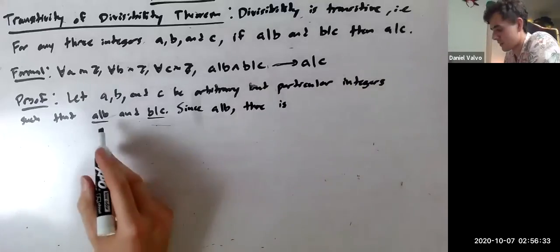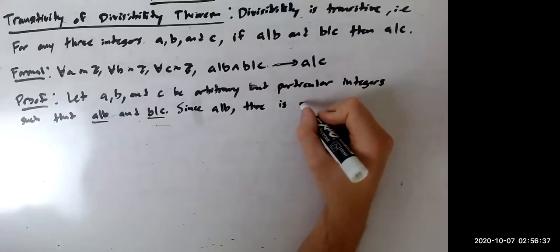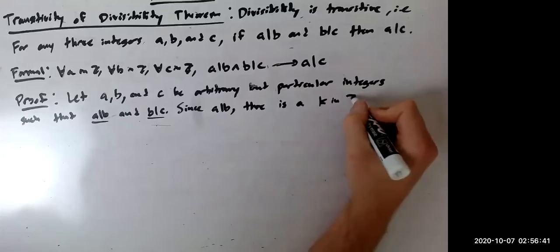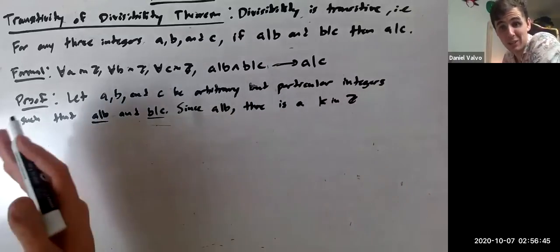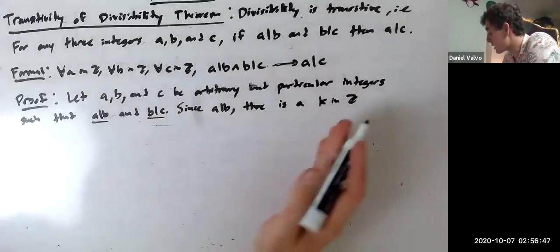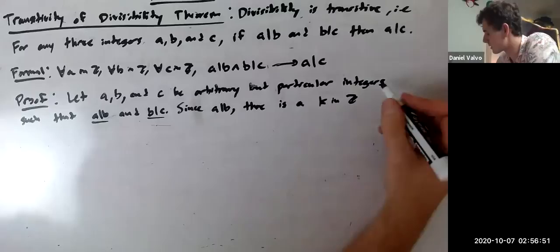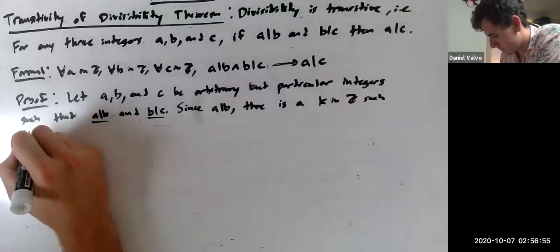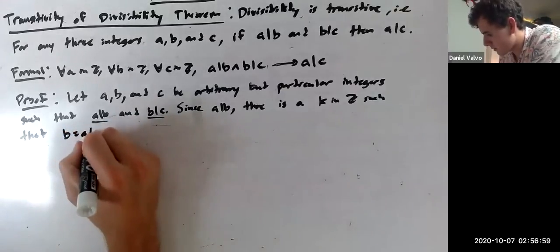There exists a K such that A times K equals B, where K is in the integers. Because A divides B, what that means is B is an integer multiple of A. So there must exist some K in the integers such that B equals AK.